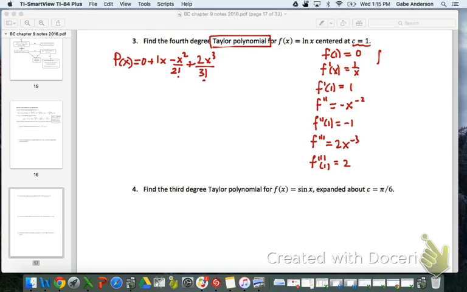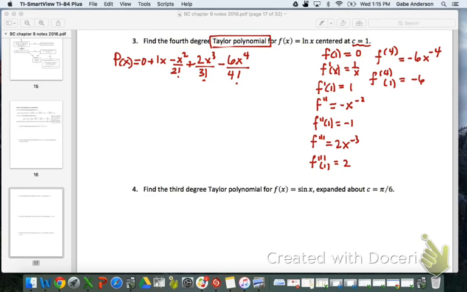So 4th derivative is equal to negative 6x to the negative 4th. So the 4th derivative at 1 equals negative 6. So we end up with minus 6x to the 4th over 4 factorial.